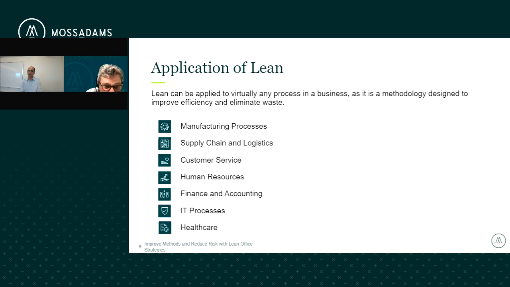One of the areas that I find most interesting is finance and accounting, where lean can be used to enhance the efficiency of financial processes, such as streamlining invoice processing, expense reporting, and budgeting, but also eliminating waste in other activities, such as financial analysis, operational planning, and process improvement. IT is also a very key area, as you can reduce downtime, improve system performance, and streamline the development process.